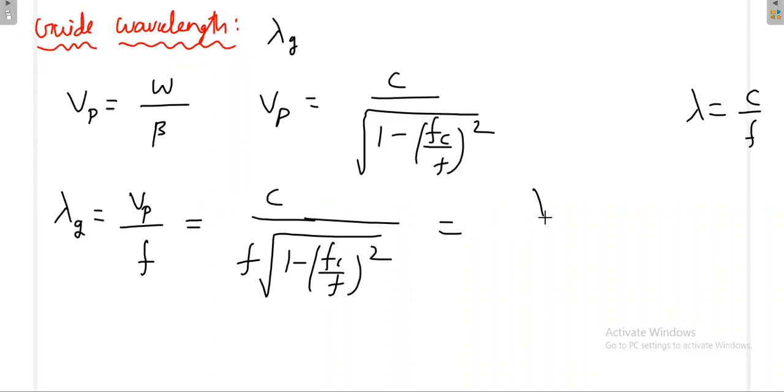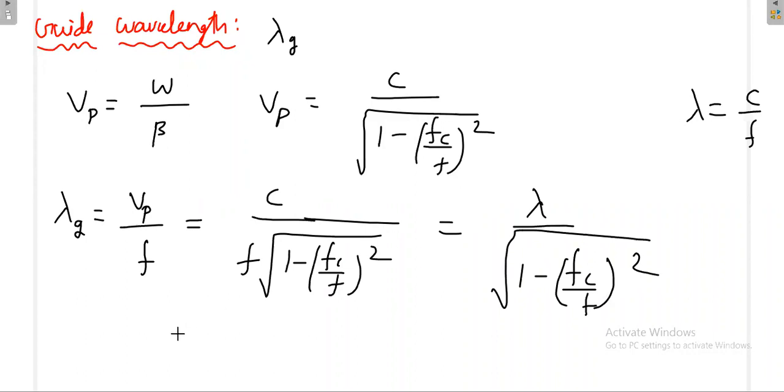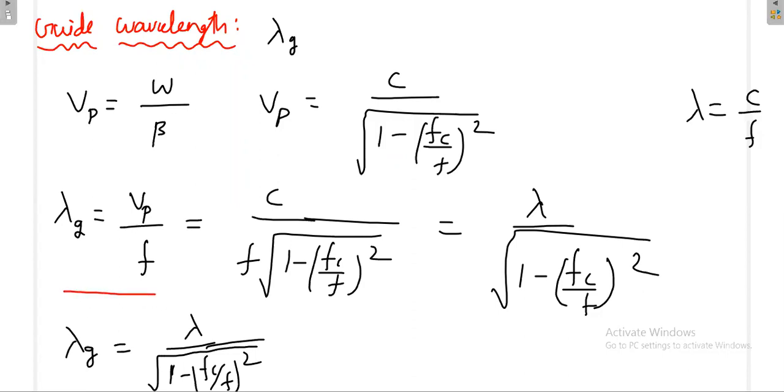So you can write it as lambda divided by the square root of 1 minus (fc divided by f) whole squared. So finally, lambda G is equal to lambda divided by the square root of 1 minus (fc divided by f) whole squared. This formula you have to remember, very important.